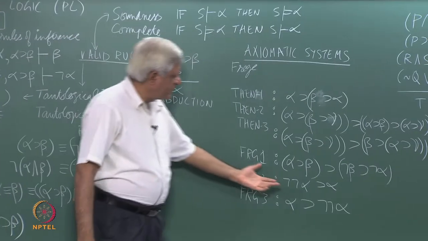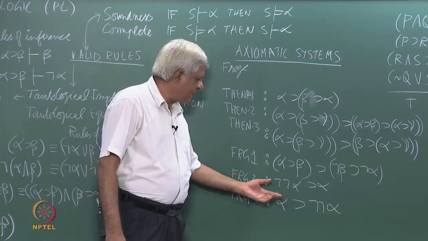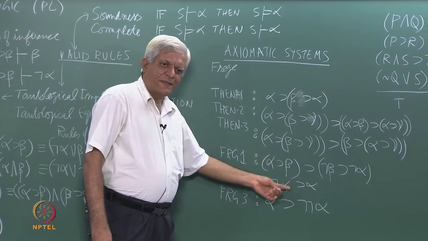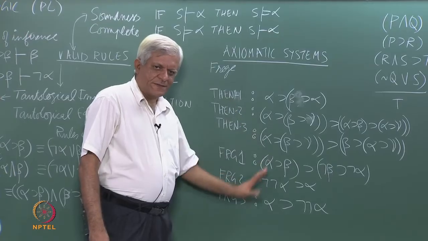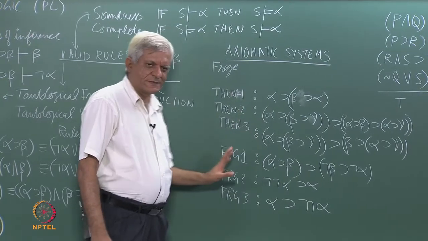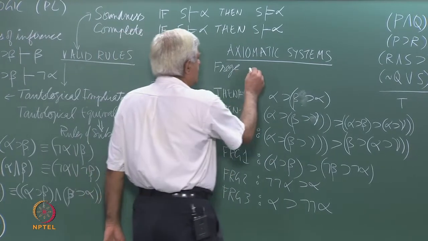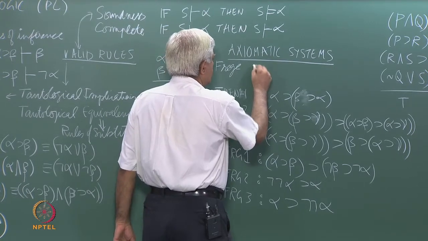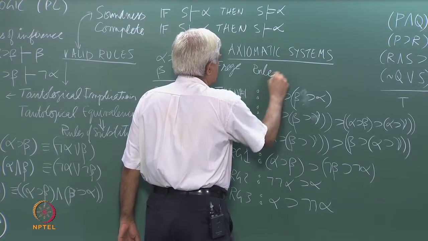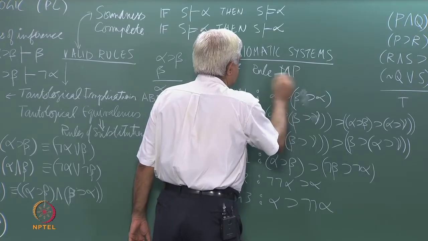And this, which for many of us is trivial, negation alpha implies alpha, is an axiom in Frege's system essentially. And he had one rule of inference which was modus ponens, which we are familiar with, this rule here.